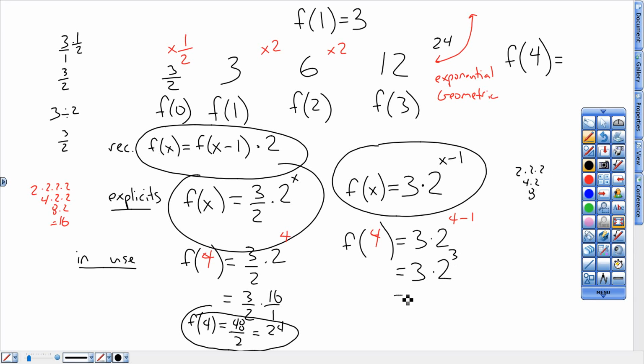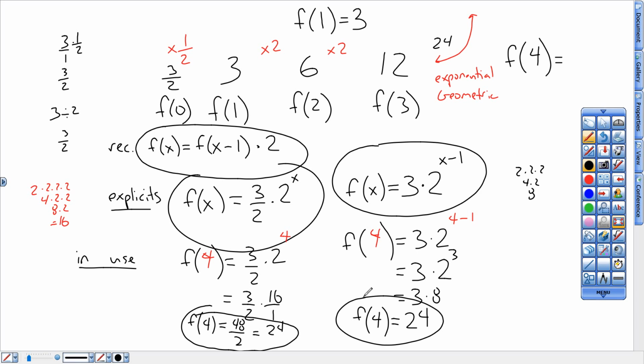So this ends up being 3 times 8, which you could see a little bit easier because no fractions in there, but give you that same fourth term of 24. Have to know how to do this with my help or another teacher's.